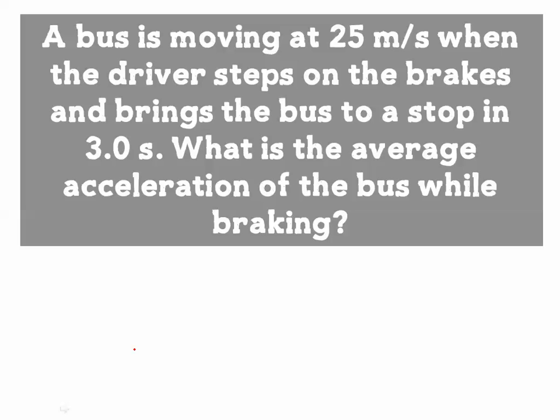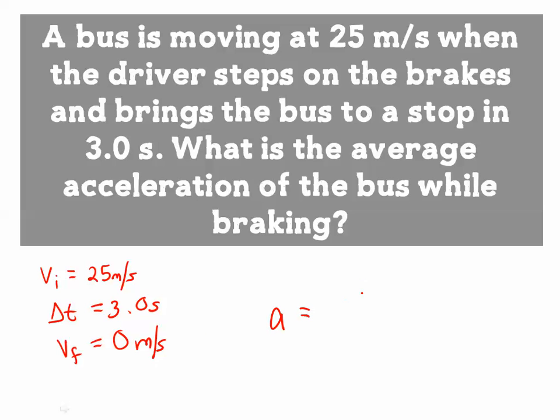Let's look at one more. We've got a bus moving at 25 meters per second, starting at 25 meters per second. It comes to a stop over a course of 3 seconds. So my final velocity is 0 meters per second. What's my average acceleration? Same deal.